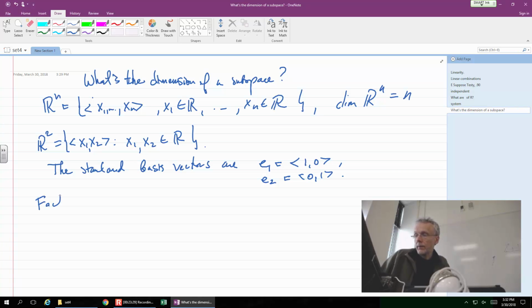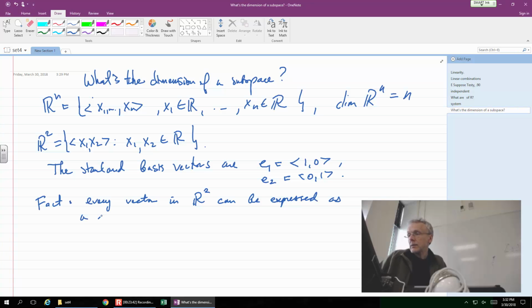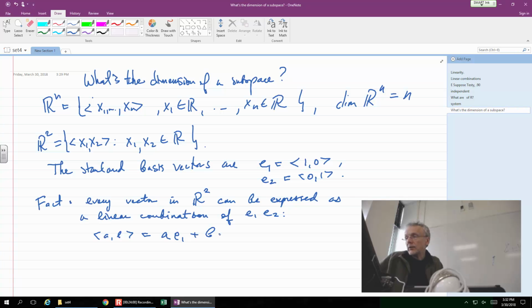The fact, which we know from a while ago, that every vector in R2 can be expressed as a linear combination of these. Remember that? It was a discussion from earlier this week. If I have a vector (A, B), then it is simply equal to A E1 plus B E2. That's really what the idea is.